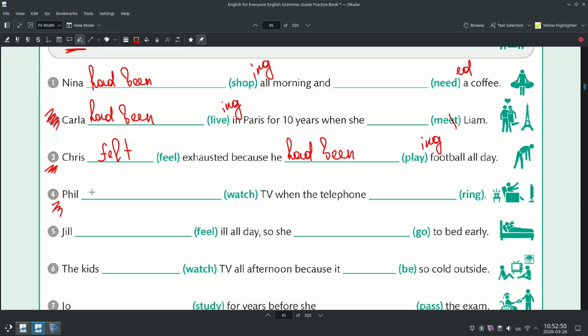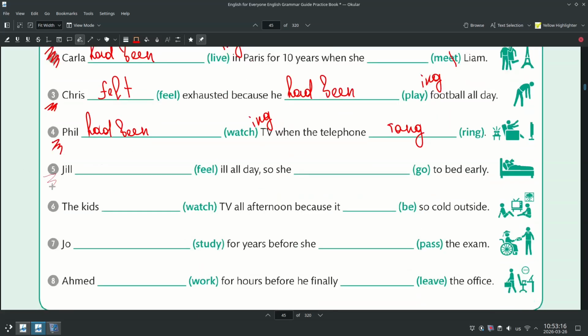Phil had been watching TV when the telephone rang. Number 5. Jill feel ill all day, so she go to bed early. Jill had been feeling ill all day, so she went to bed early.